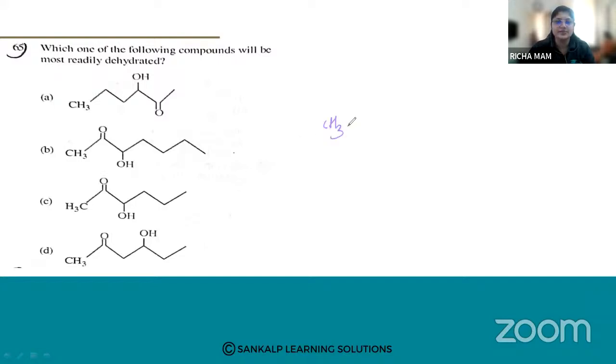CH3, C double bond O, CH2, CHOH, CH2, and CH3. Most readily dehydrated. Dehydrated means it will be removed as a water molecule.